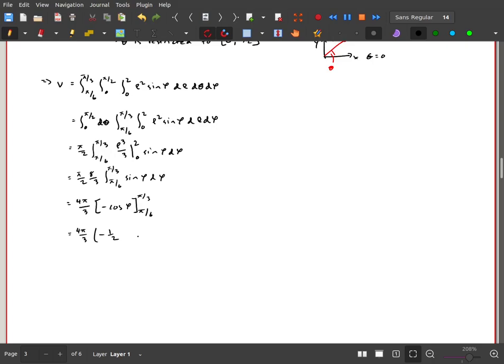Then cosine of pi over 6, so minus minus becomes plus. Cosine of pi over 6 is root 3 over 2. I'm going to bring the 1 over 2 out, so this becomes 2 pi over 3 times root 3 minus 1. So that's our volume of that region.